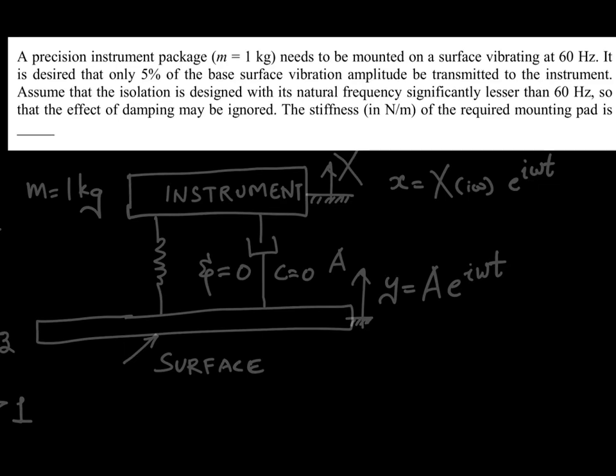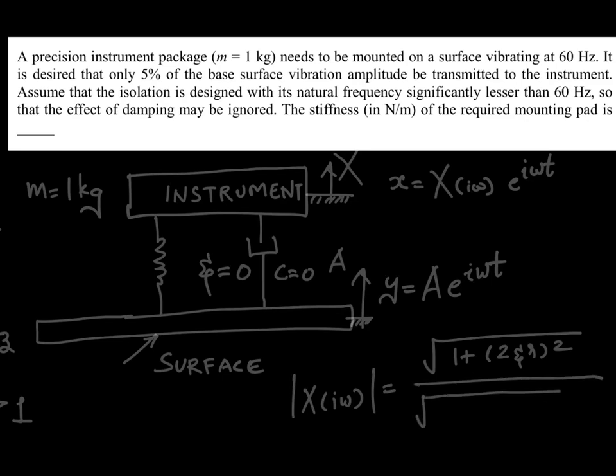So A is the amplitude of my base surface excitation, then this capital X of i omega is the amplitude of my instrument response. Now the formula for the magnitude, or the amplitude of the response, is given like this: root of 1 plus (2 zeta r) whole square, divided by root of (1 minus r square) plus (2 zeta r) whole square.